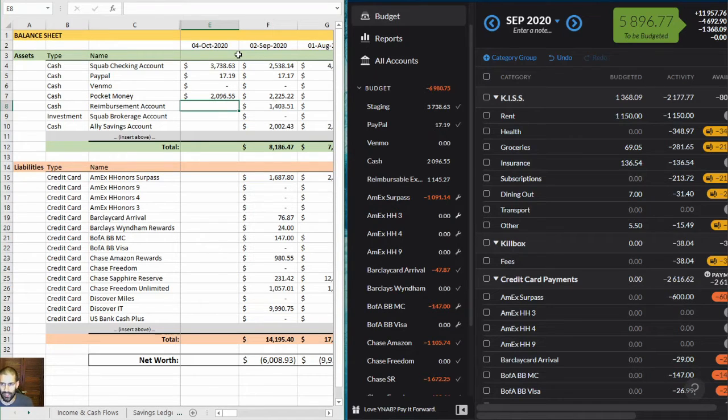It's almost like a second emergency fund. And Ally savings account, I don't know what I got in there. I would have to go and look at it, so give me a second. Yeah, so all that's there is the emergency fund, nothing else.